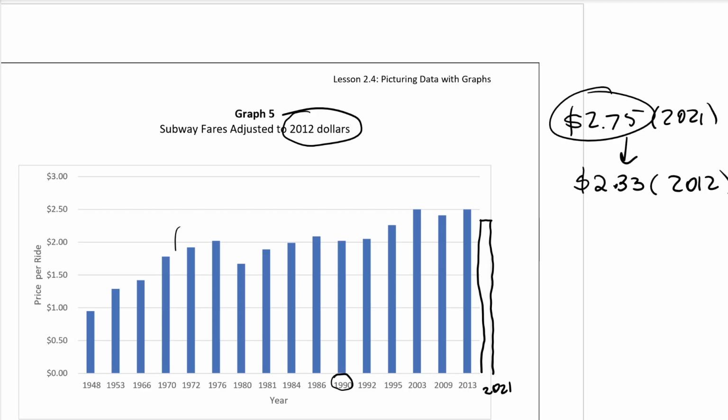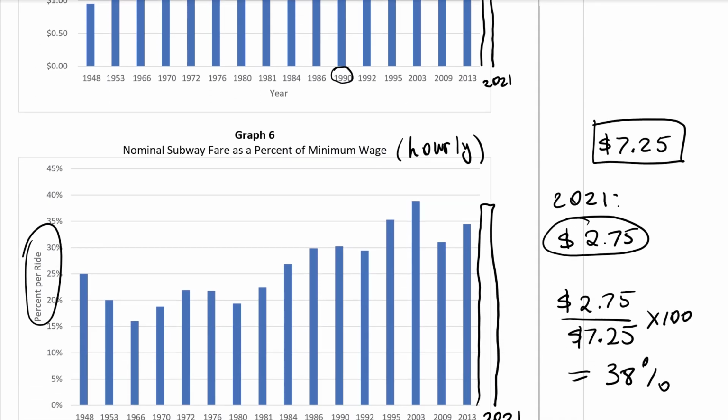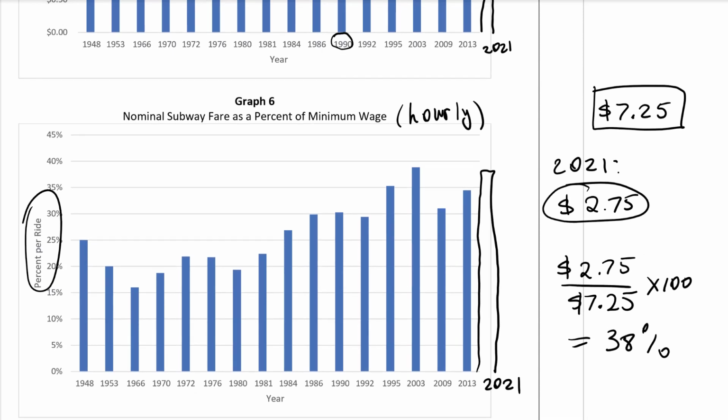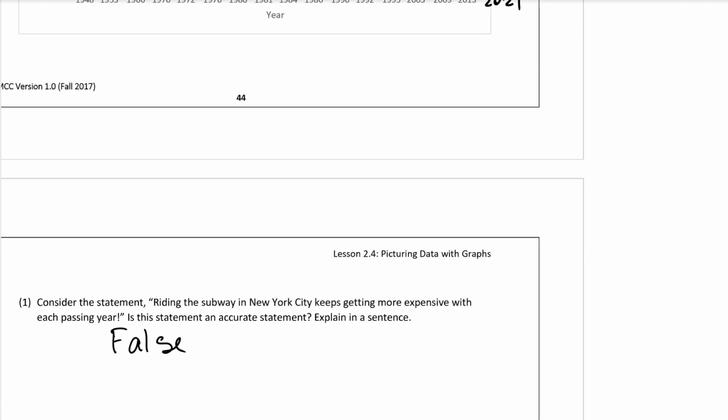It was ranging around $2 to $2.50, so it hasn't gone that much higher. Relative to everything else, it was okay. And looking at the percent of the minimum wage, it's also staying below 40%. So I would argue that it's false.